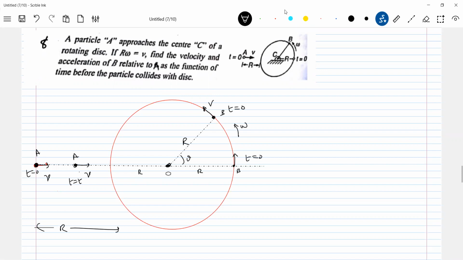Can you define now velocity vector B, VB bar, from the diagram? There's a unit vector, you can take it I cap, J cap. So this will be the theta, no?